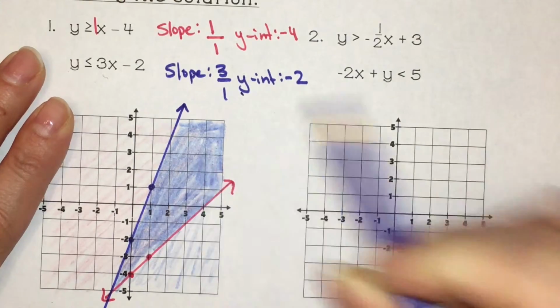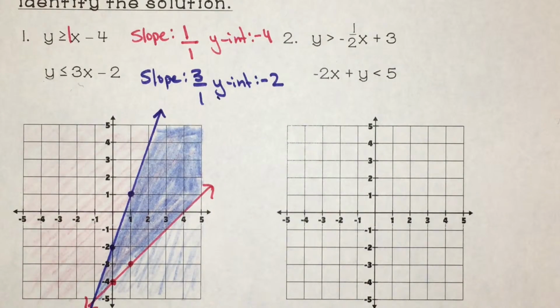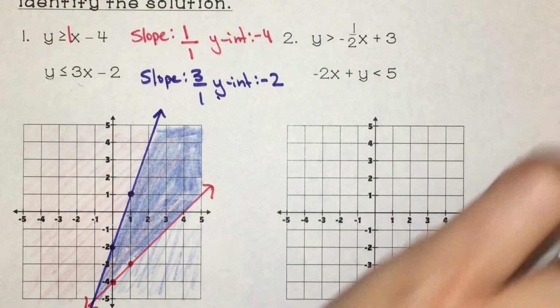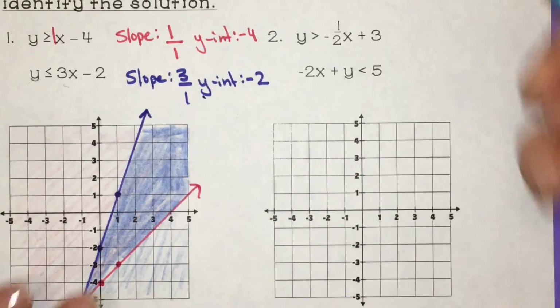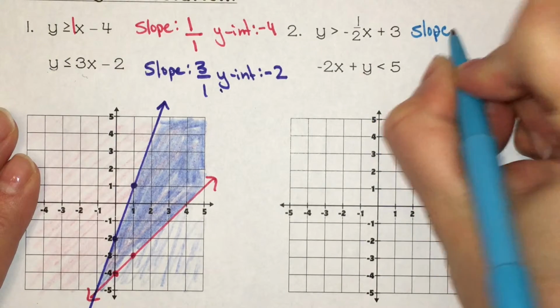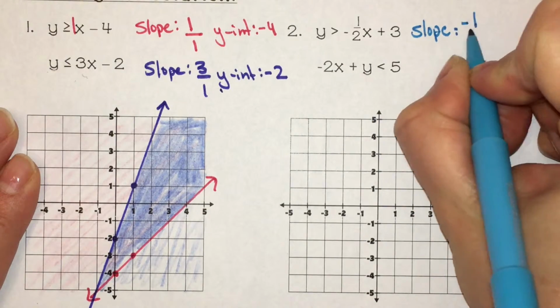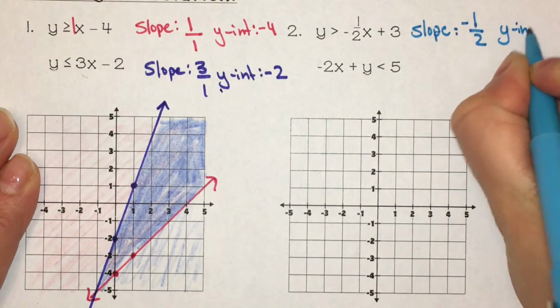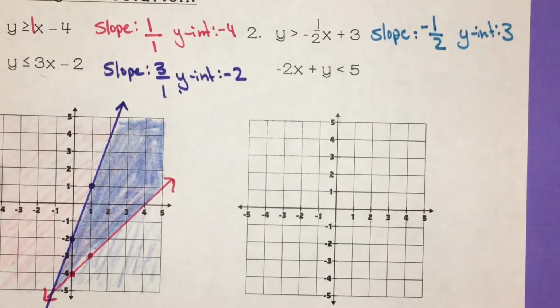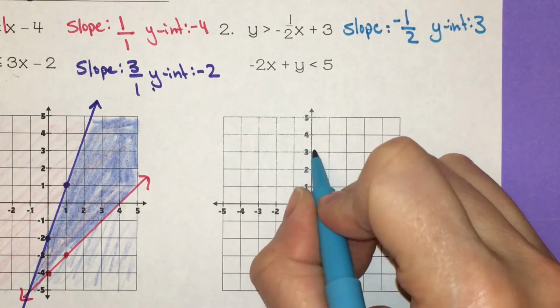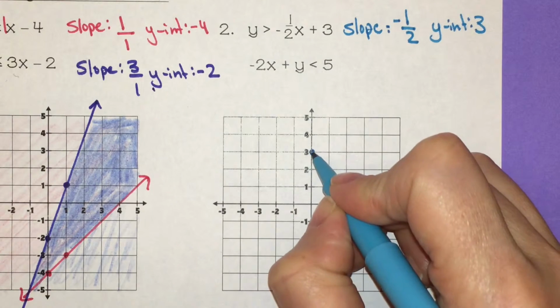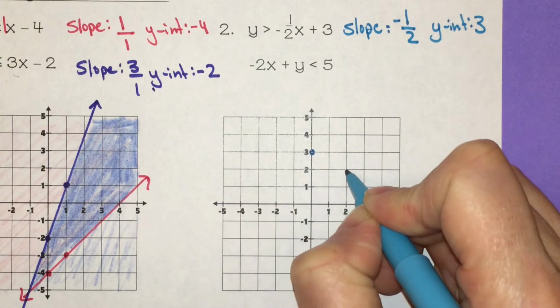All right, and then hopefully you got that last one done. All right, so slope is -1 over +2. Y-intercept is +3. So it goes through the y-axis at 3, and then your slope is down 1 to the right 2.